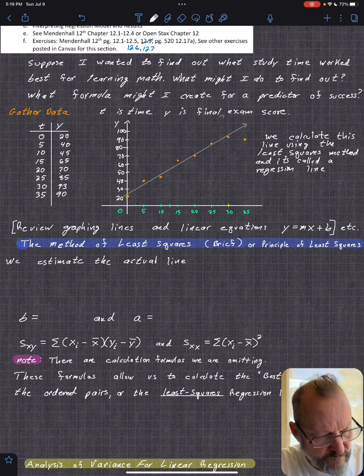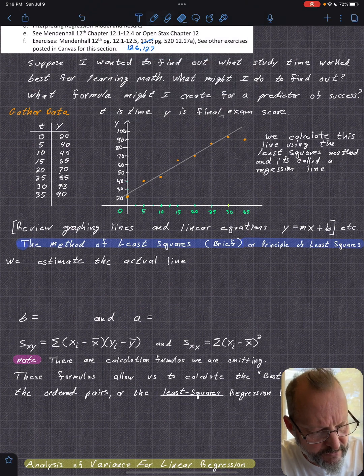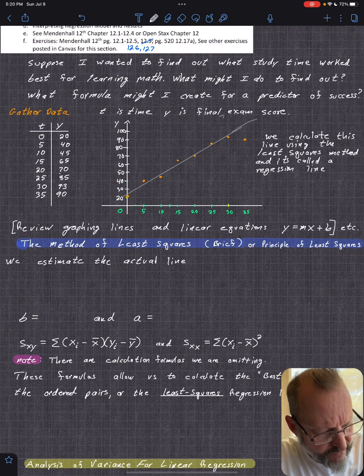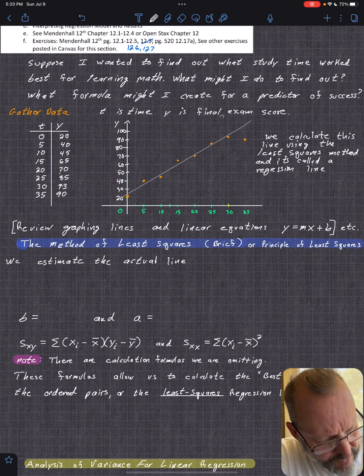And let me show you something here. Let's change this to the gray. This goes a little farther. I meant to have that go farther. Nah, it didn't work. We'll just extend it.